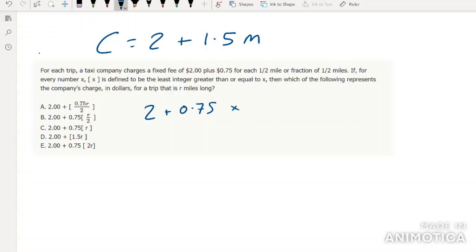And so that's going to be 0.75 times 2 of the sets of miles, because that's how many half miles we've got. And so the answer is E.